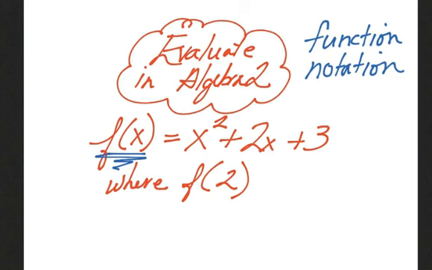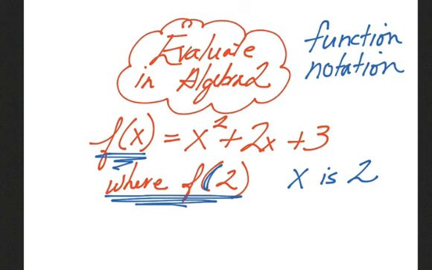f of x equals x squared plus 2x plus 3, and they give you this line right here, what this just told you is x is 2. Now they're not going to write x as 2, you're just going to have to know that. Now let's think about it. What usually goes in these parentheses right here? We've seen it all through Algebra 1. What usually goes in there is x.